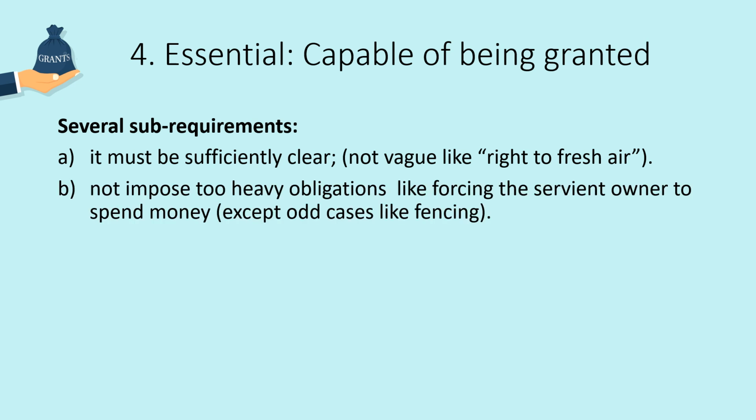Now, the second sub-requirement is that it cannot impose really heavy obligations. In particular, this means that you cannot force the servient owner, so the person who owns the burdened land, to spend any amount of money.